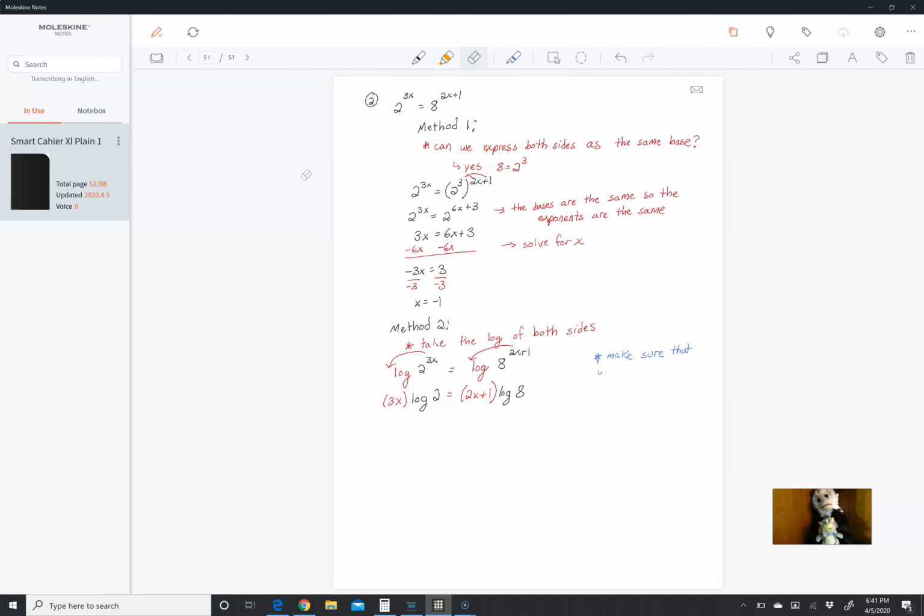You want to make sure that when you move your exponents to the front, you put them in parentheses. Super, super important. So here, our first step is to take the log of both sides.